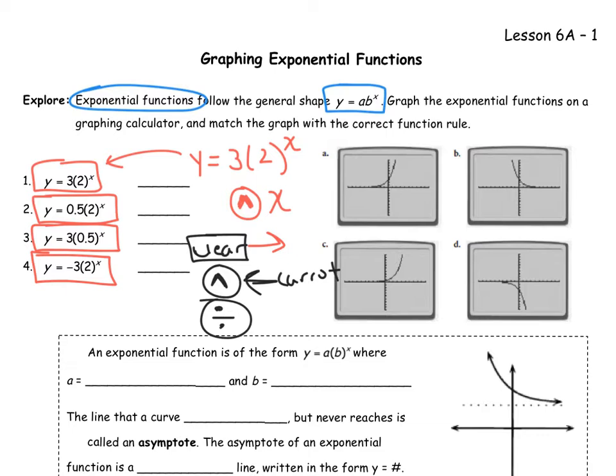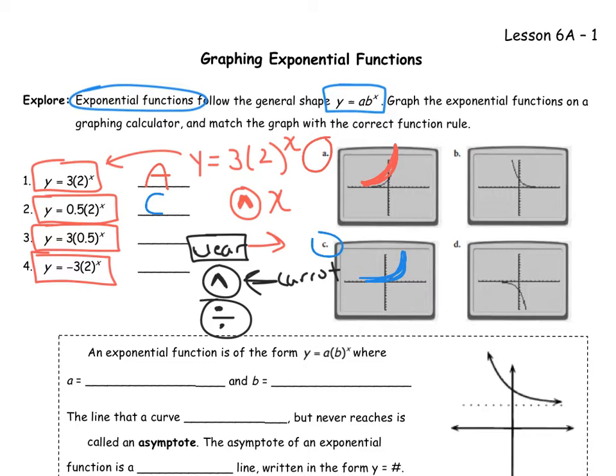So when I graphed my first equation for number 1, I ended up getting that matched graph A. So it followed this path. Okay, so that matched A. For question 2, I found that to match letter C. So it follows this kind of trend.